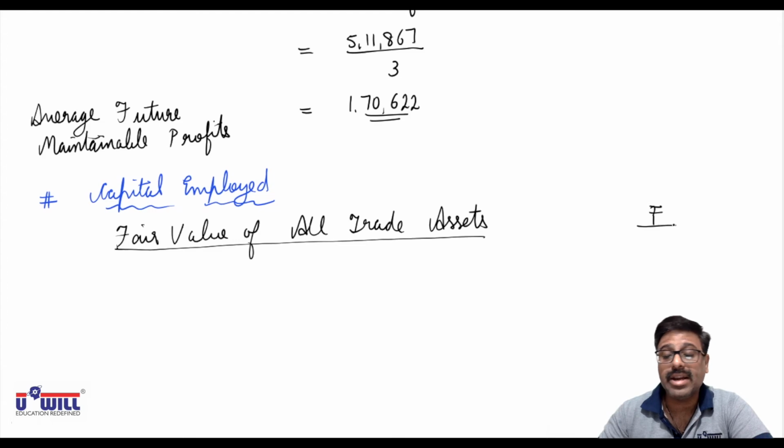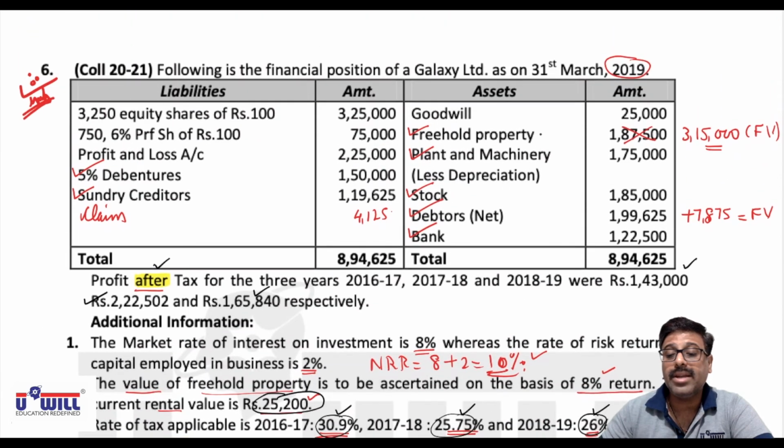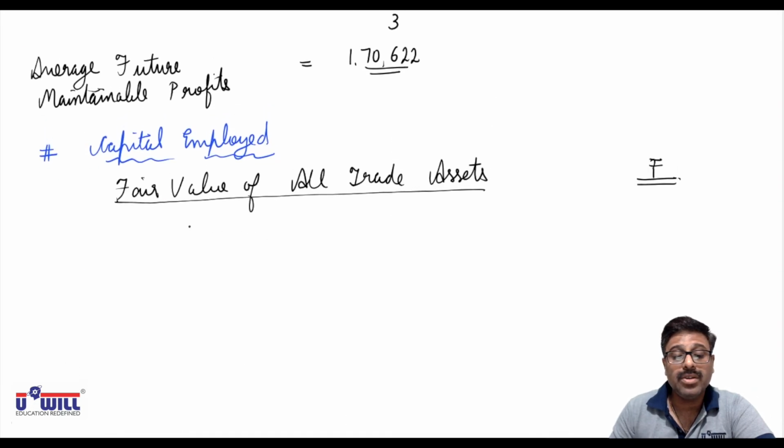Now see, the trade assets we have discussed one by one. Freehold property, and the fair value is 3,15,000 as we have calculated in working note 2.